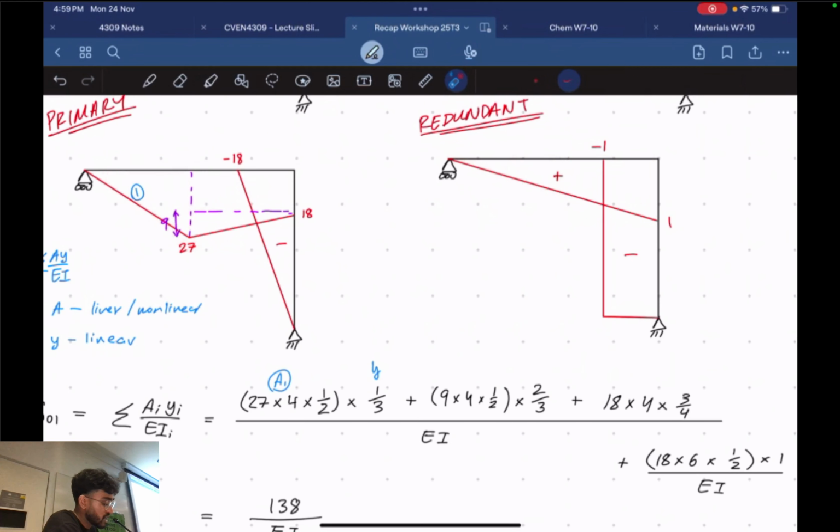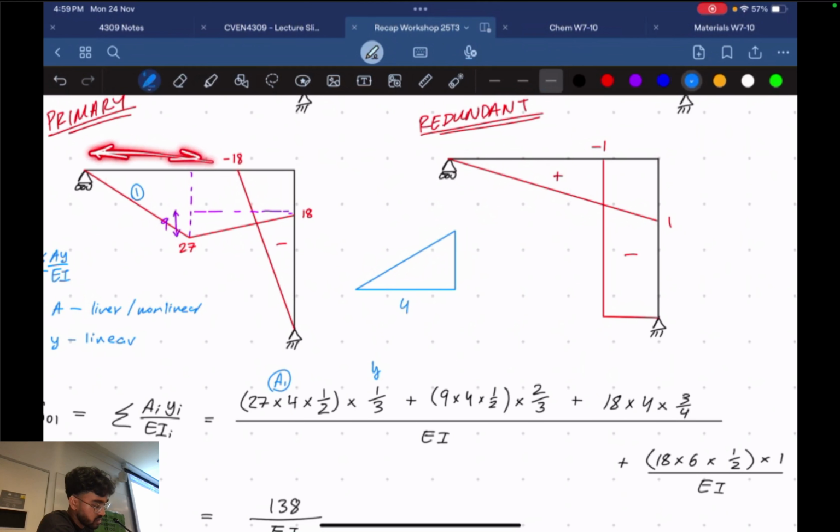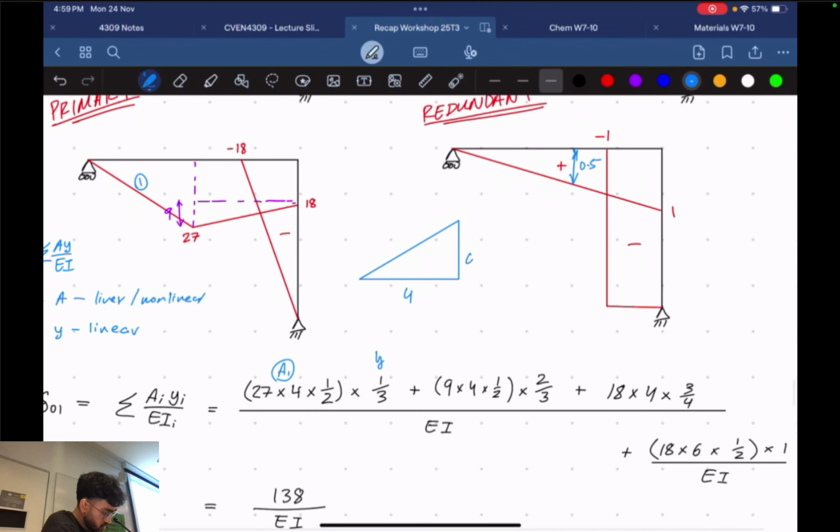Alright? Well, you can do it that way, except when you're doing similar triangles, you're not going to be using 1 as your height. You're going to be using 0.5 here. Okay? So actually, I'll just show it to you guys. Let's say we've got 4 meters, because this length is 4 meters. Then I've got a height over here of 0.5 as my bending moment at the middle.